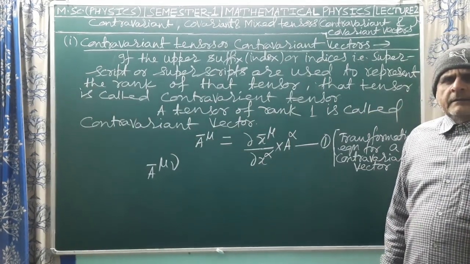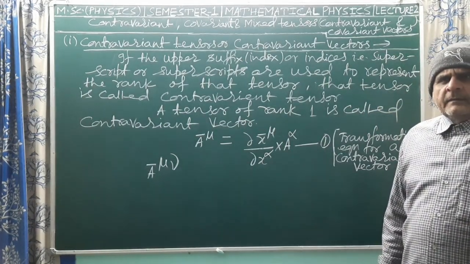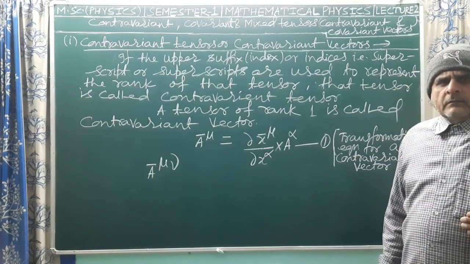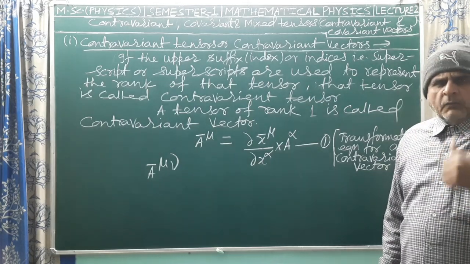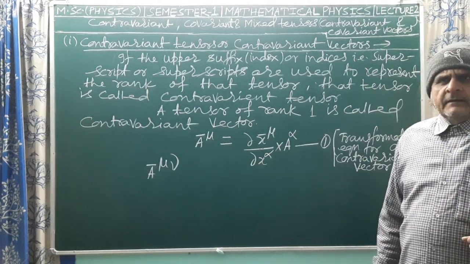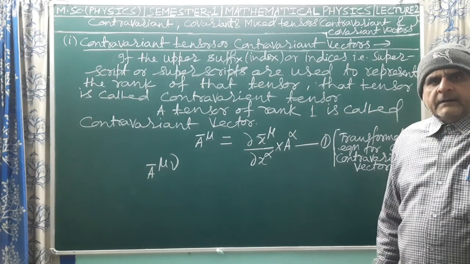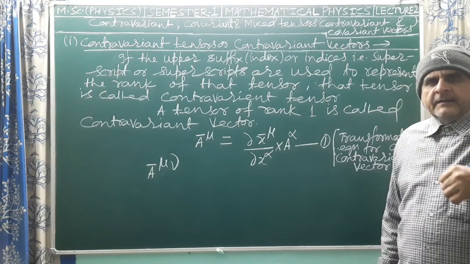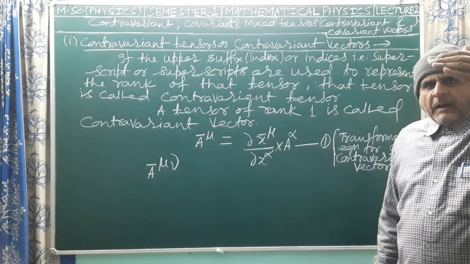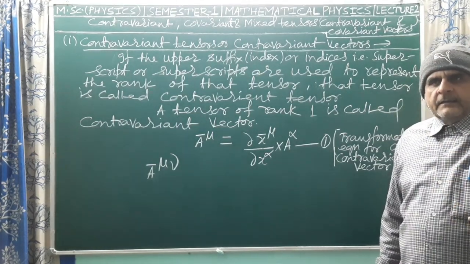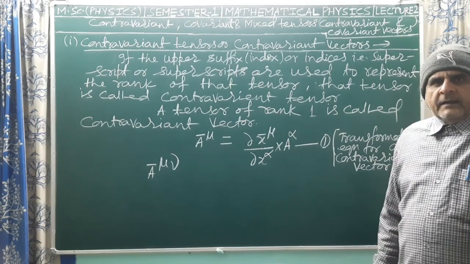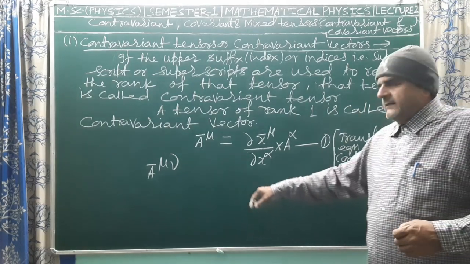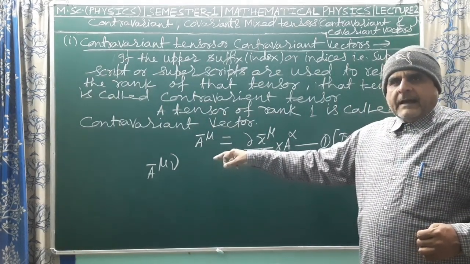Suppose there are n square, n to the power 2 quantities, where n is the number of dimensions and the power 2 is the rank of the tensor. These quantities are a mu nu.